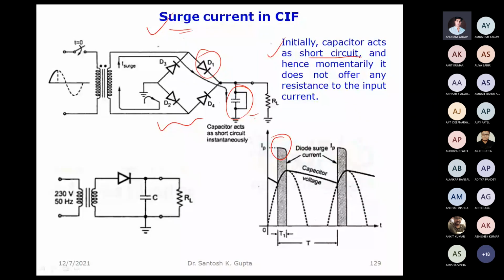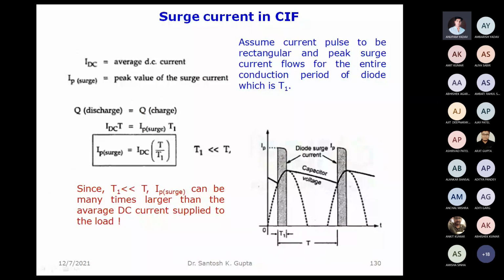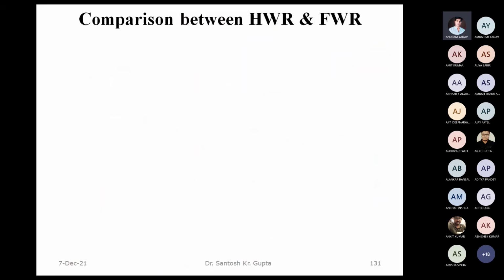So inductors may be used in series or something like that. One can also analyze mathematically what amount of surge current is passing through a given circuit using charge conservation analysis.